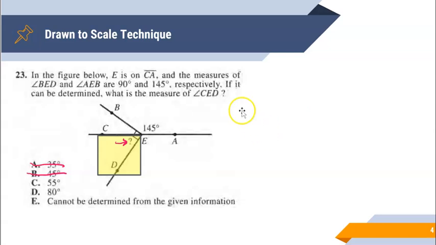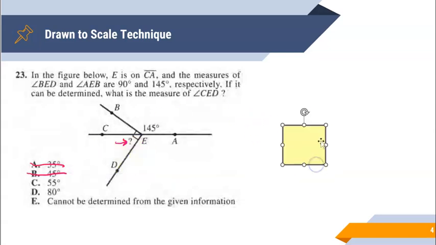Now let's do a little bit of math and figure out what the answer is of what's remaining. This angle right here should add up to 180 degrees because it's a straight line. So if I take away the 45 from it, I will be left with 35 degrees here. Notice we eliminated the 35.